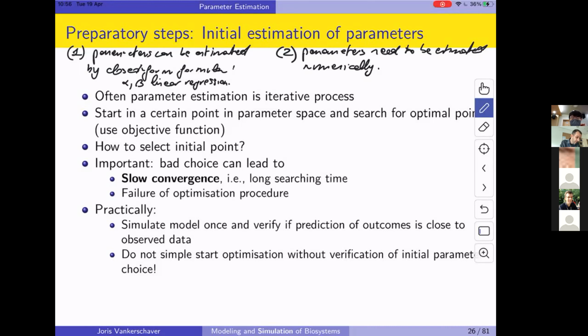Typically, if we draw the space in which our parameters live in 2 dimensions, so let's say we have 2 parameters, theta 1 and theta 2, we'll start with an initial guess, measure the objective function for that guess, and then try to change it a little bit and see if the objective function decreases or not.